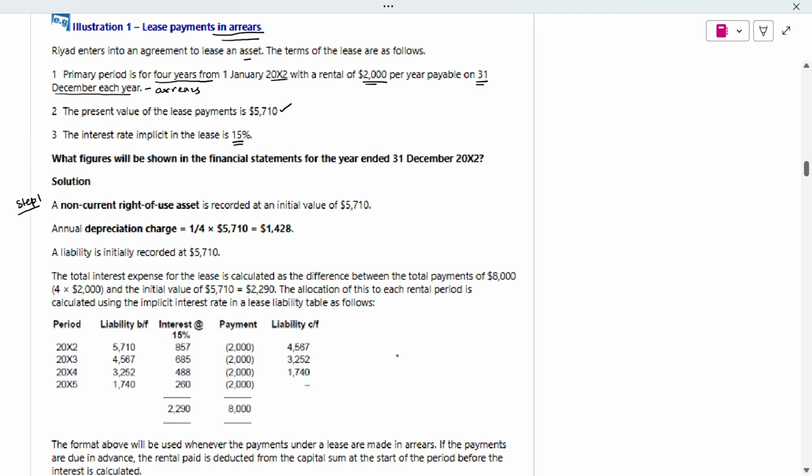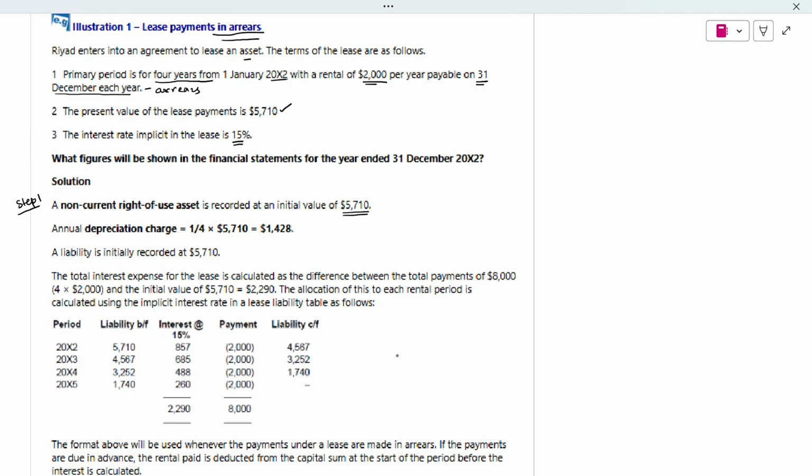A non-current asset, right of use of asset. There is no direct cost, nothing else, only lease payments. If there is only a lease payment, that is equal to the value of the right of use of asset, which is 5,710.